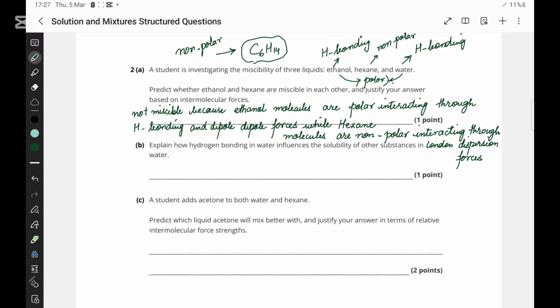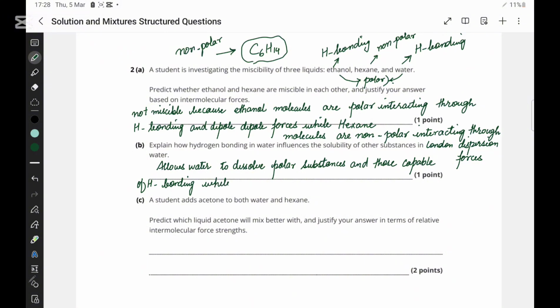So hydrogen bonding in water allows water to dissolve polar substances and those capable of hydrogen bonding, while non-polar substances do not dissolve well.